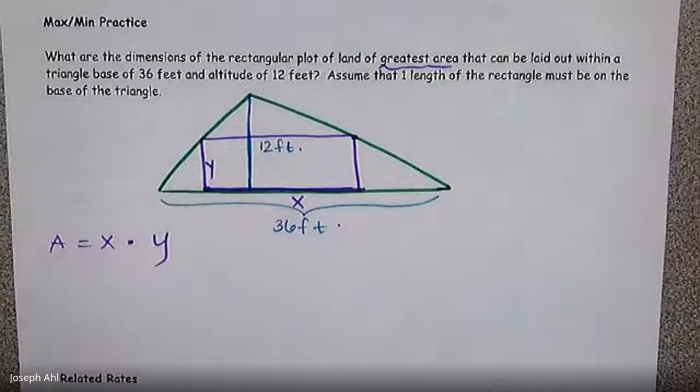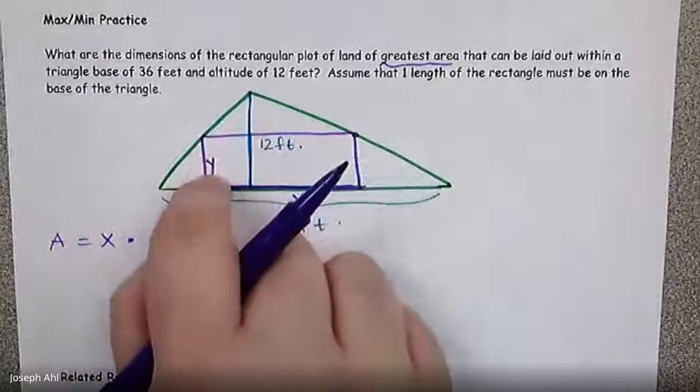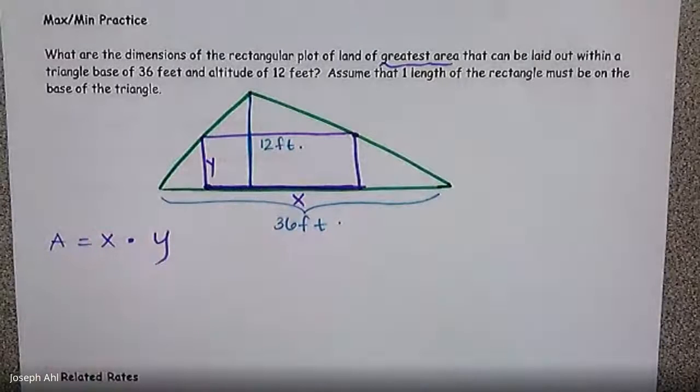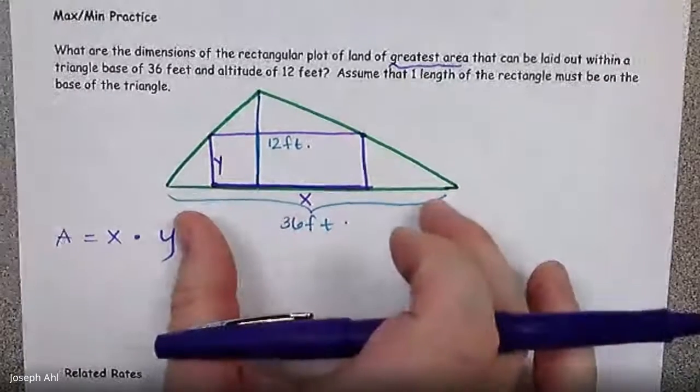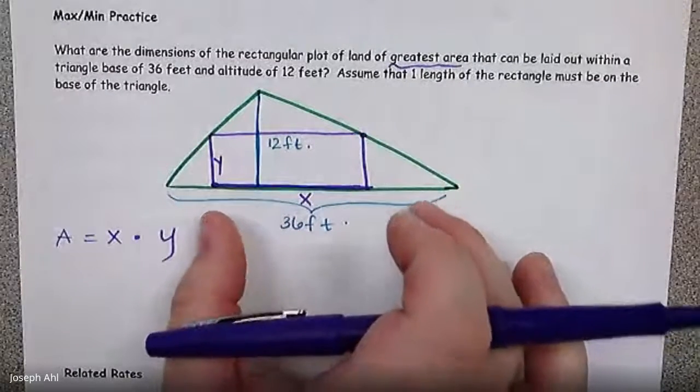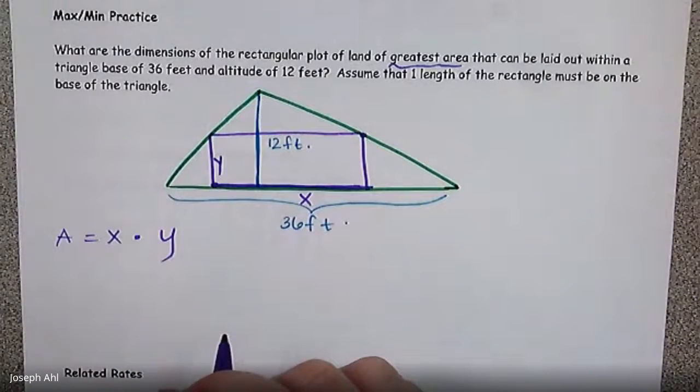In order to maximize that, we're going to have to use the given information to represent the height y in terms of x. Given the dimensions we have for the altitude and the base length, we can represent y in terms of x.